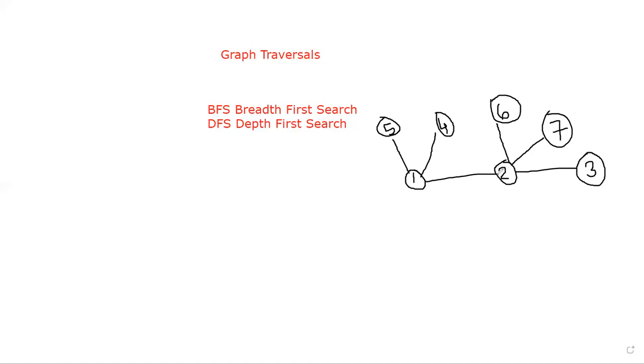That means I can start the traversal of this graph from node 1, or from node 2, or from node 6, any node, if nothing is specified in the question. Okay, so suppose by default we start from the first node. So this is our first node 1. I am assuming that the starting vertex of this graph is 1. So I am going to start the traversal from 1 itself.